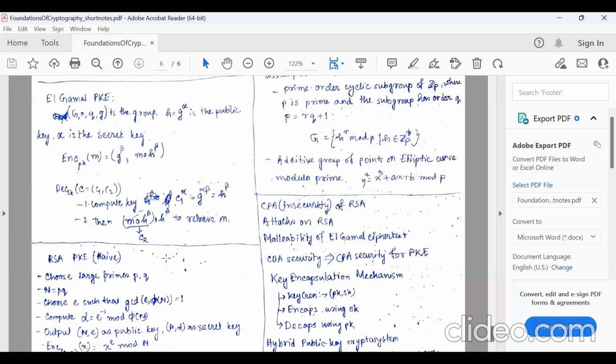Encryption of some message m belonging to the group G will have a ciphertext of the form C1, C2, where the sender or the encryptor chooses some beta belonging to 0 to q minus 1 randomly, and then computes g to the power beta, which is the first component C1 of the ciphertext.